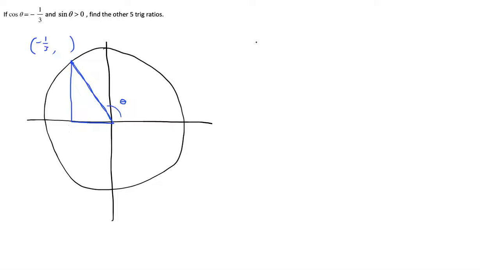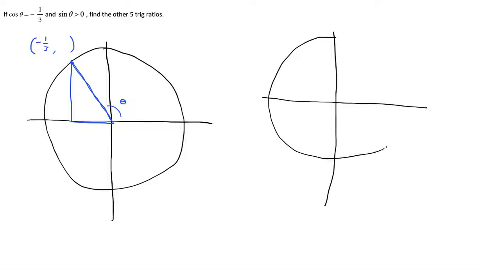Now, I should note, another thing we can also do is this, okay? So if we draw out the triangle, we'll draw out the circle, we'll sort of do the same thing. But we know that cosine is negative 1/3, right? Okay, so we're going to do almost the same thing here.